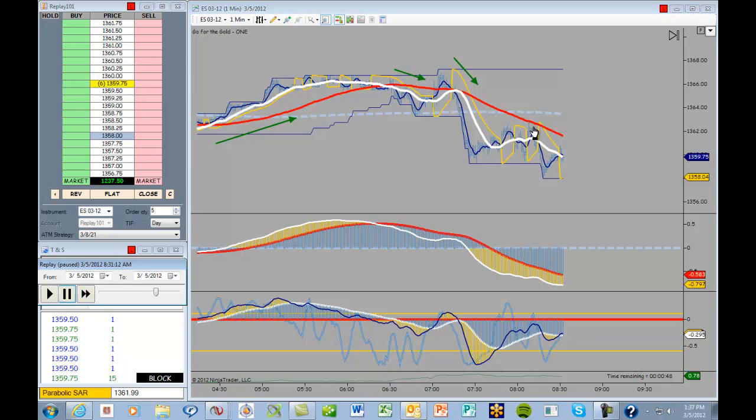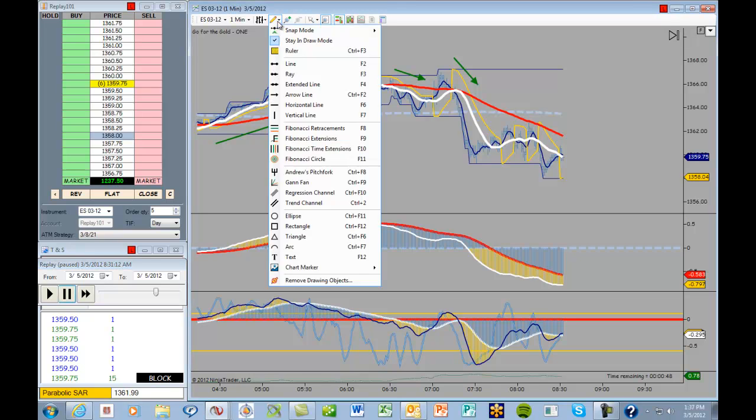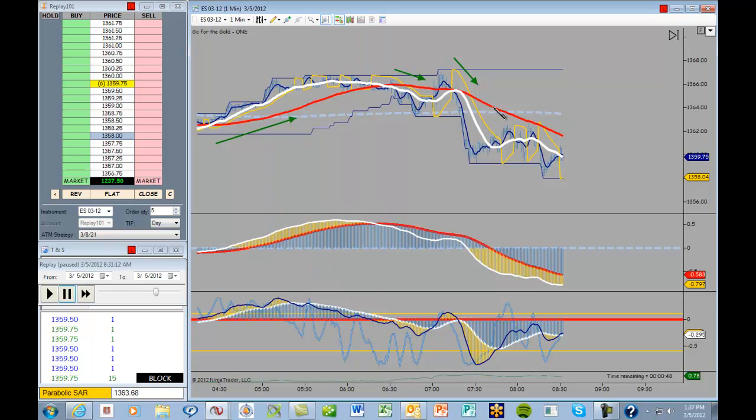Now, if this is wave 3, you might be thinking, well, that's pretty puny for a wave 3. Well, not necessarily. Remember, wave 3 does not have to be the longest wave. It just cannot be the shortest wave. And as long as this move here is longer than whatever wave 5 turns out to be, then it's still okay. So I'm still of the opinion that this is 1, 2, 3. Now we got to see what's up with wave 4.